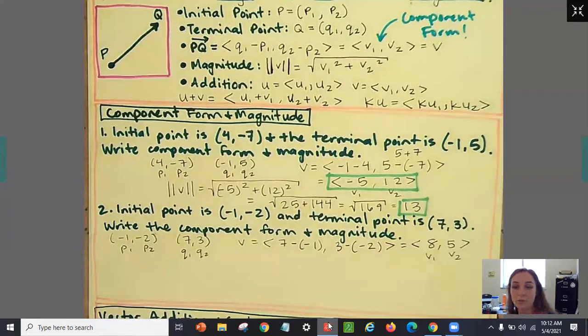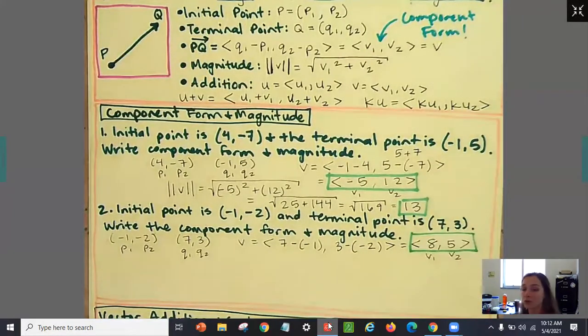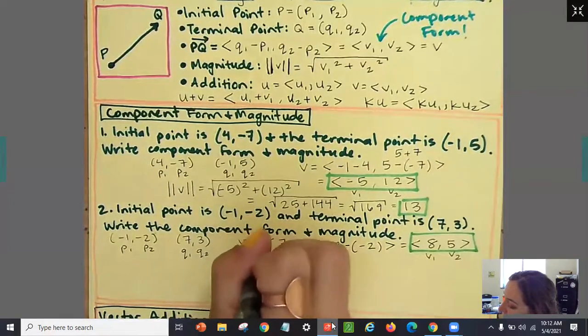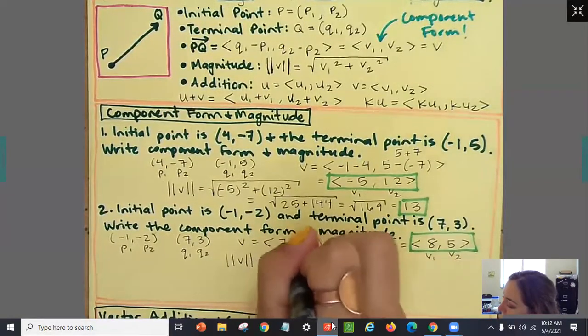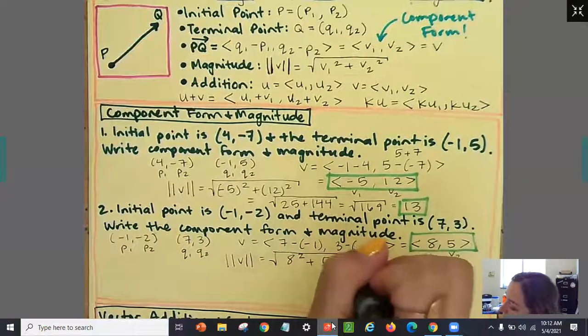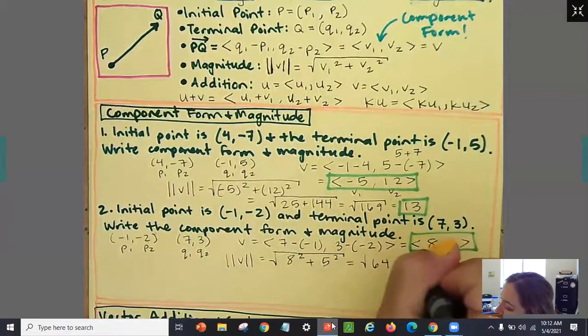So now that we have our component form, our magnitude is going to be a little bit easier because we can just square V1 and V2. So let's do the magnitude. It's going to be the square root of V1 squared plus V2 squared. 8 squared, that's going to give us 64. 5 squared, that's going to give us 25.